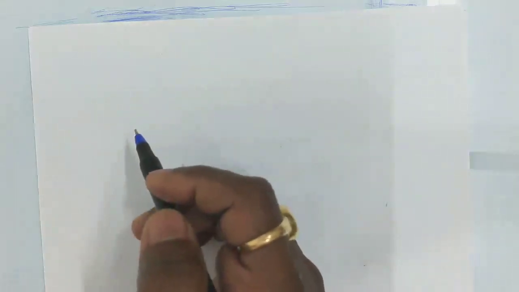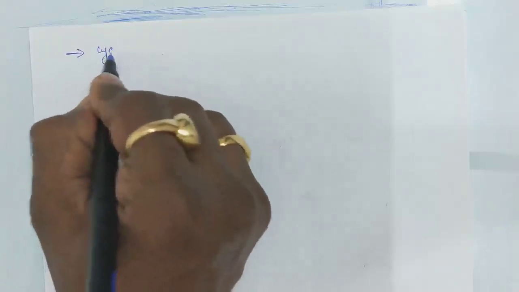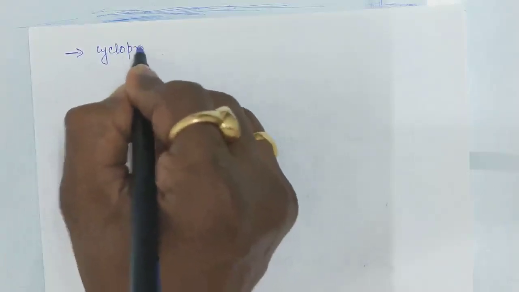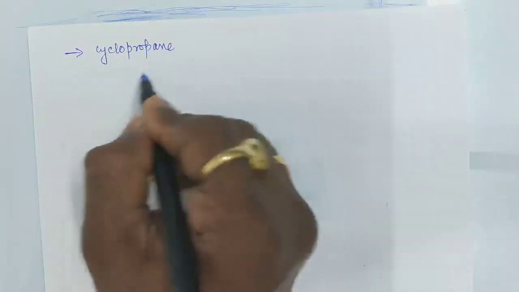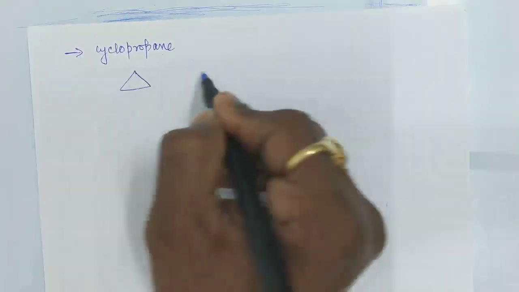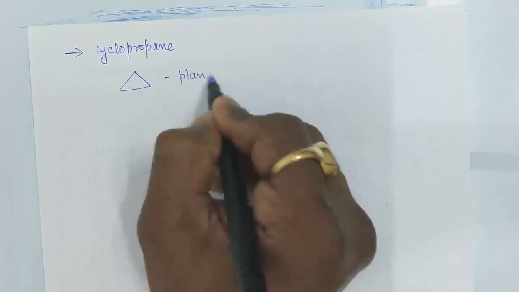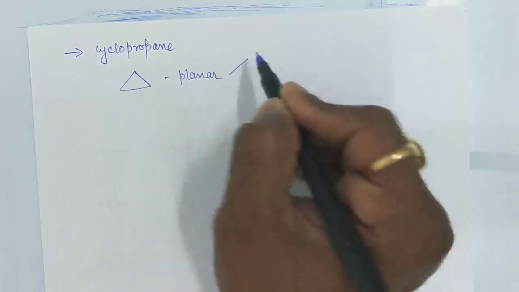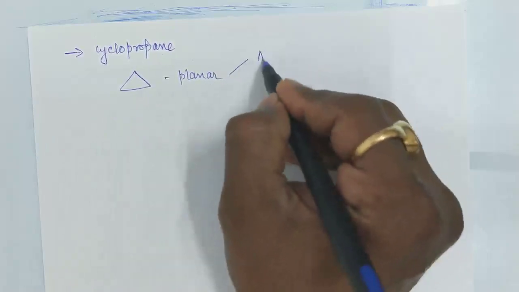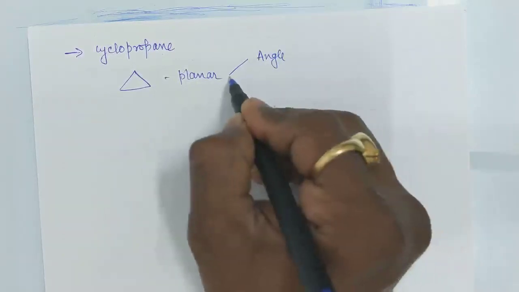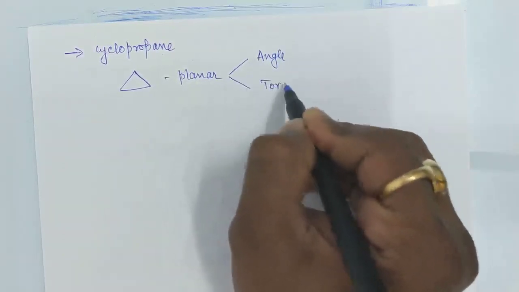So if you see the cyclic structures, cyclopropane. Cyclopropane molecule, I have already told you, but again, planar structure. What are the strains? Angle strain and torsion strain.